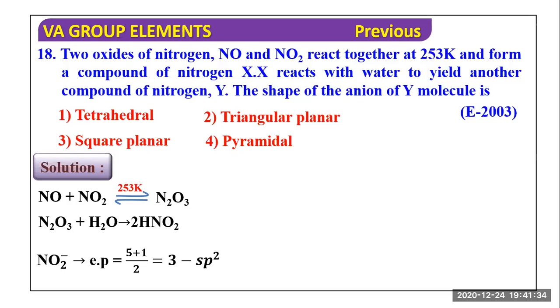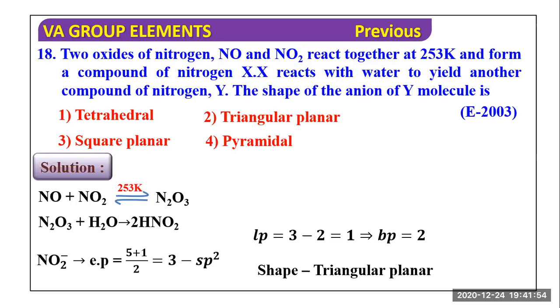Okay, so the hybridization is sp2, then it's trigonal planar. Yes, 3 sigma bonds are there, so the shape is trigonal planar. Option 4 is the correct answer.